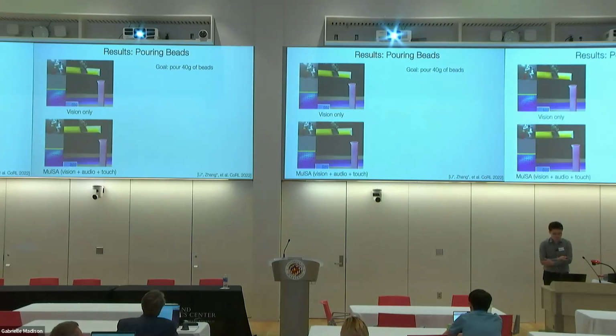So here are some results. We compare our model with the model using only visual information and the one using all 3 modalities. You can see that we have a scale at the bottom to measure the weight of the poured beads in the red cup. Here are the results.